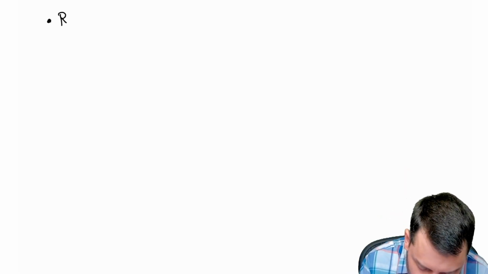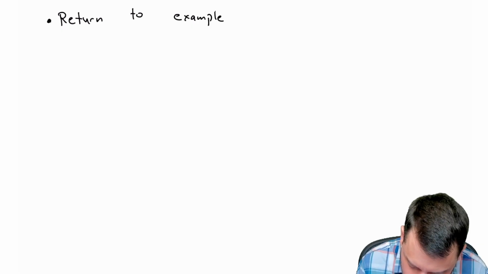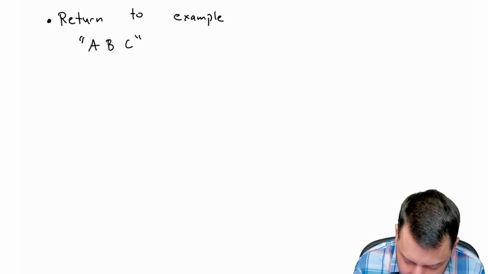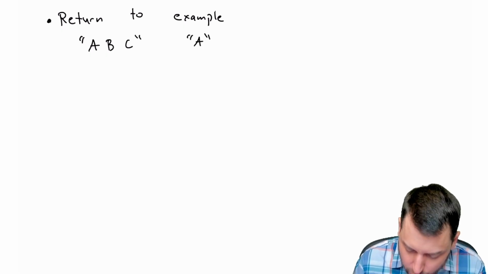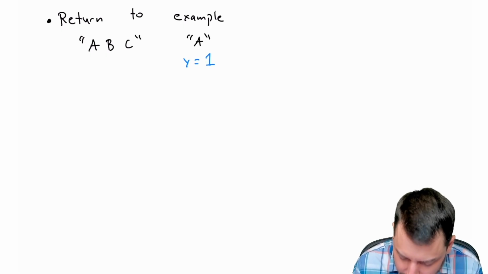Let me return to the example of our input being the word ABC, and our output being just the letter A. Our output doesn't change here. We still have y equal to the number 1.